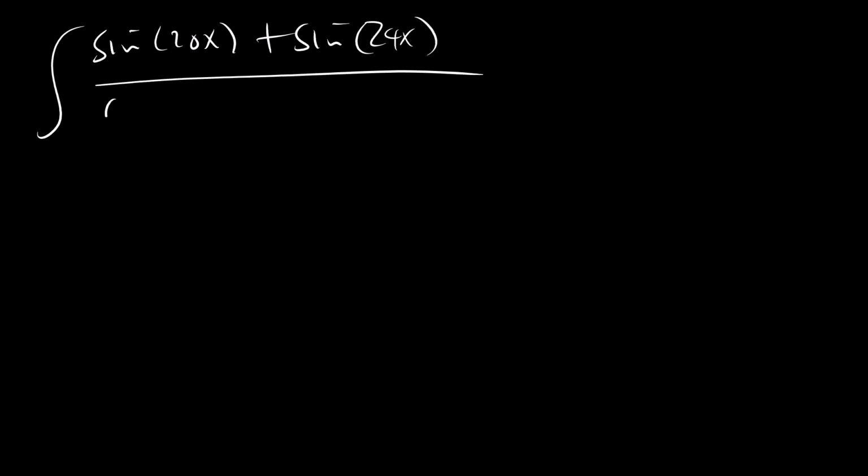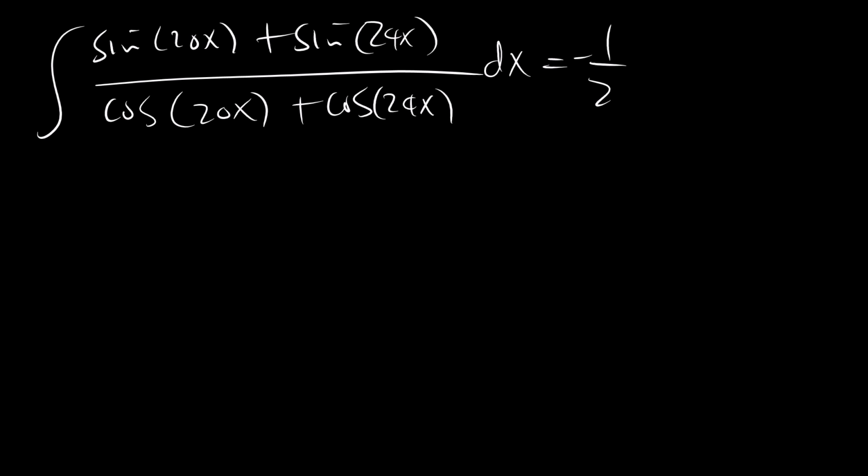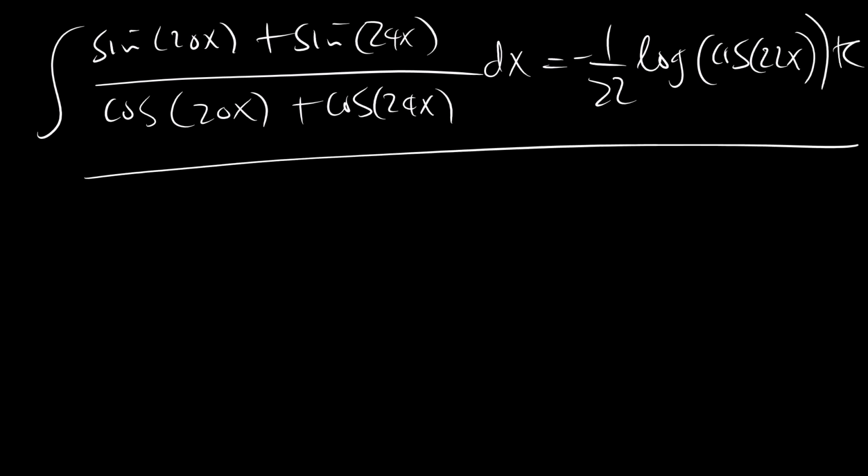And so our problem, sine of 20x plus sine of 24x all over cosine of 20x plus cosine of 24x is equal to negative 1 over 22 natural logarithm of cosine of 22x plus c. And that is our answer.